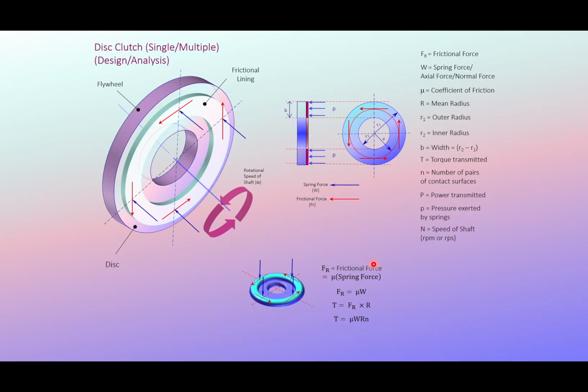We know that frictional force is defined as the product of the coefficient of friction with the normal force. And the normal force that we have here is the spring force. This one is the normal force, 90 degrees to the contact surface.